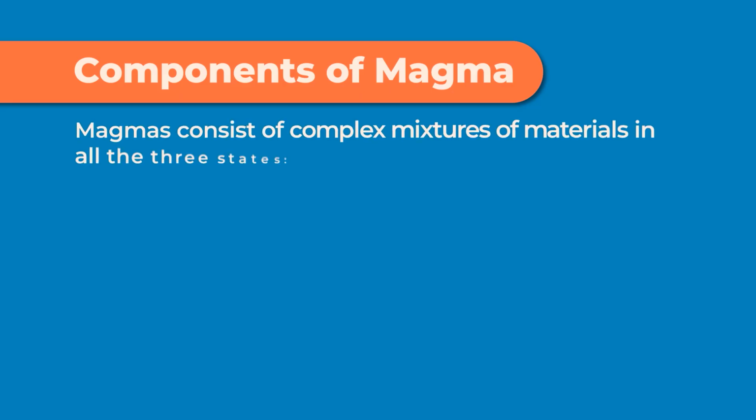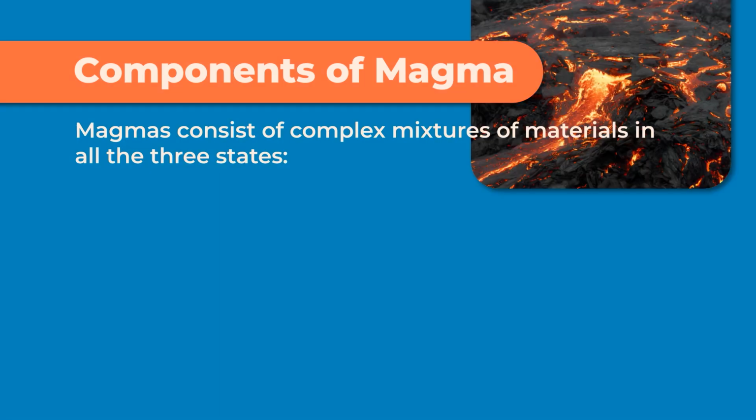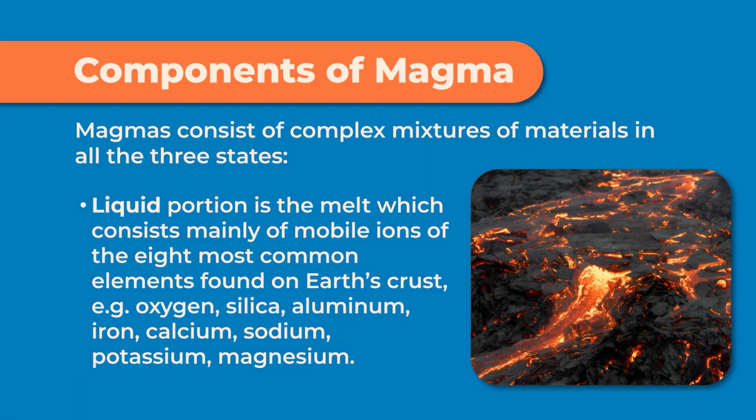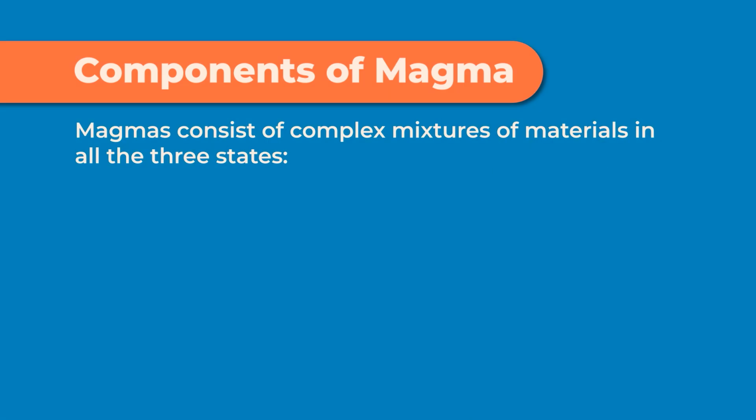Components of magma, as I told you earlier: magma consists of three states. Liquid magma consists of a mixture of materials in all three states: liquid, solid and gas. The liquid portion is the melt, which consists mainly of mobile ions of eight most common elements found on the earth: oxygen, silica, aluminum, iron, calcium, sodium, potassium, magnesium.